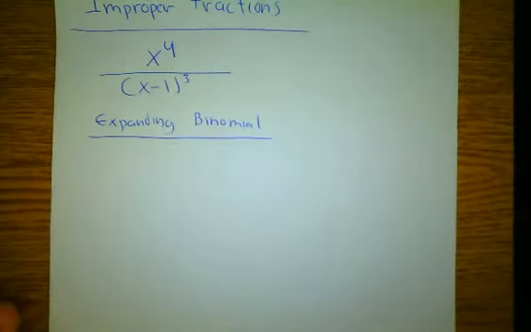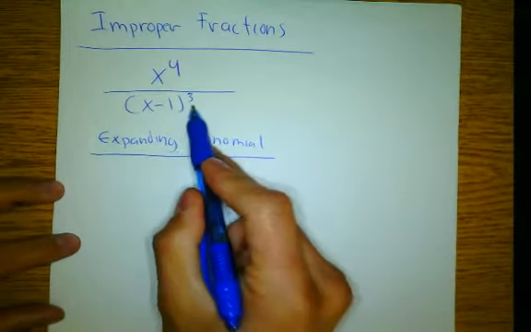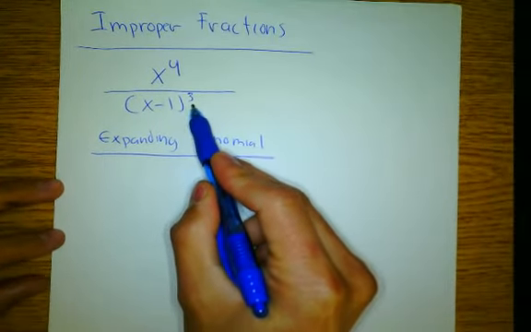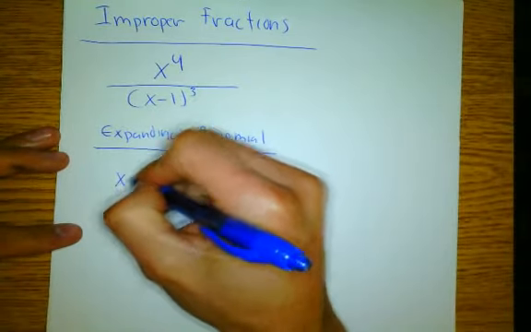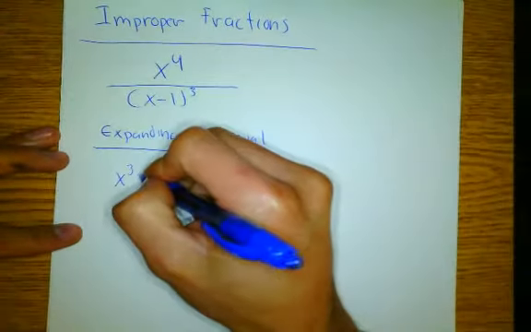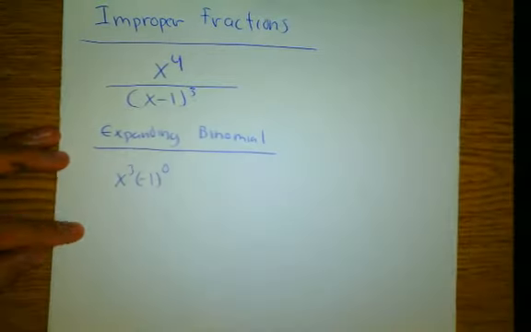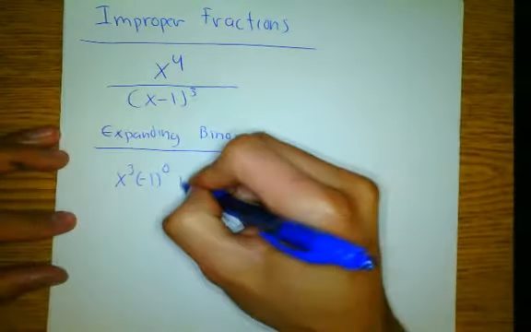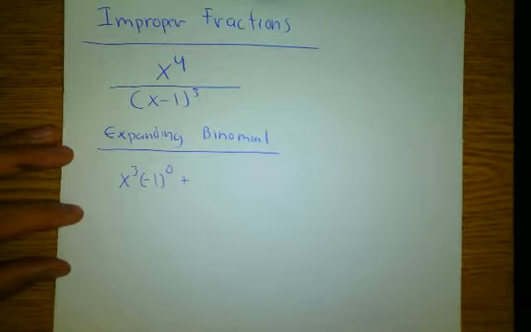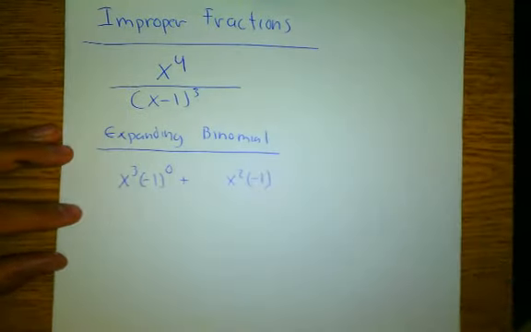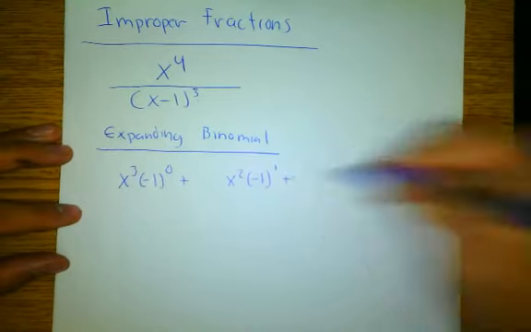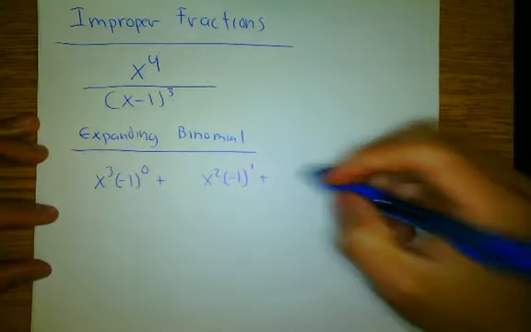How many terms? 4. Okay, the first term is going to be x to the third times negative 1 to the 0. You guys remember that? Plus, the second term is going to be what? X to the second times negative 1 to the first. Plus, the third one is going to be x to the first negative 1 squared.